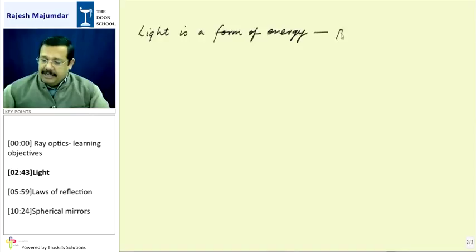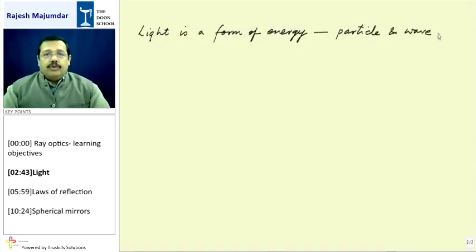It has particle nature and wave nature. And I hope that you understand the meaning of wave. Wave means disturbance created in space, in a region.